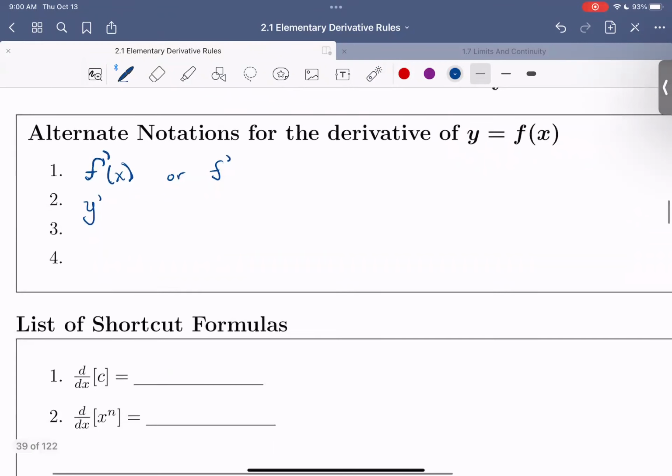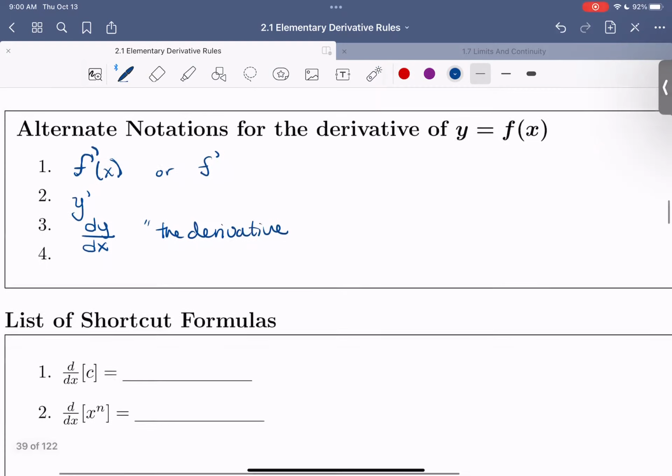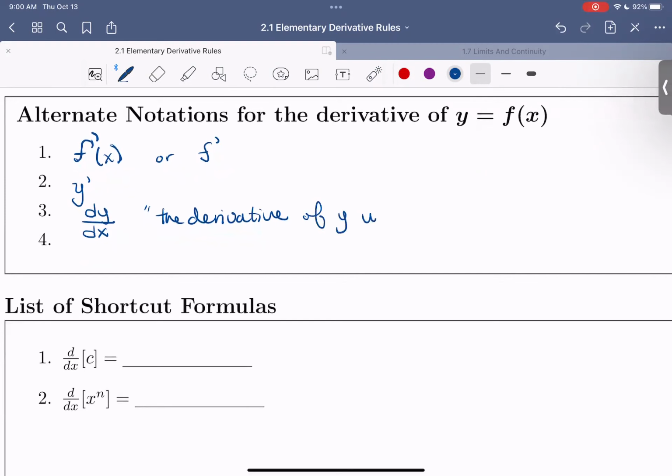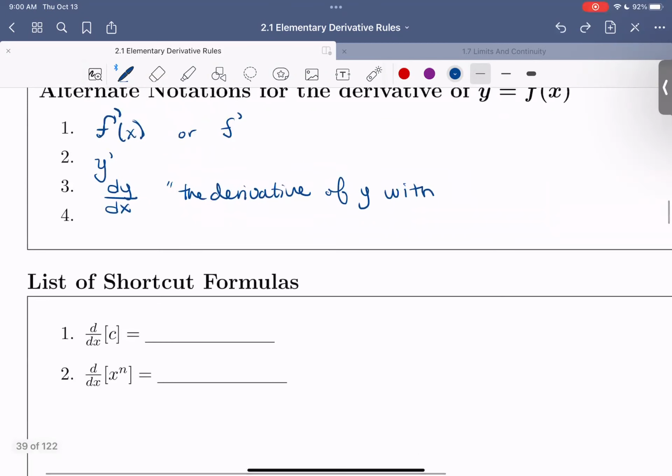The third notation that we see is dy over dx. So in words, this is said the derivative of y with respect to x.